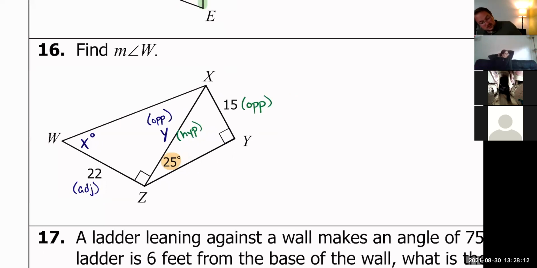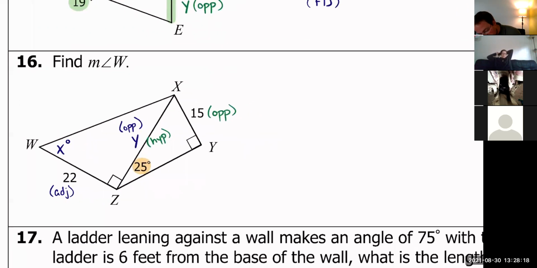So with respect to that 25-degree angle, I have the opposite. I'm looking for the hypotenuse. Which trig function would I want to use here? SOHCAHTOA, looking for the OH, the S. Sine? Yeah, we're going to use the sine here.